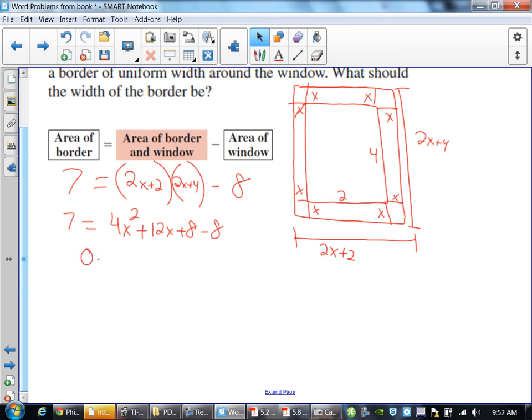So I get 0 is 4x squared plus 12x minus 7. Would you look at that? Now we've thrown ourselves into a good old-fashioned quadratic.